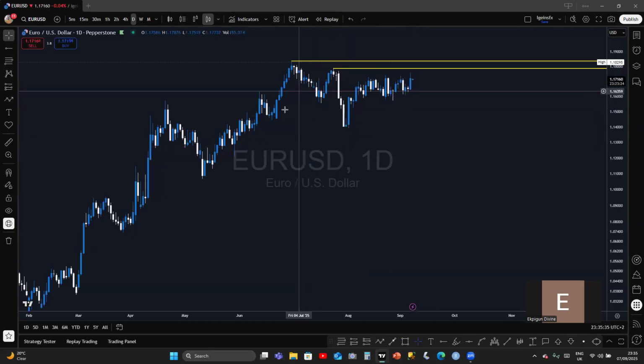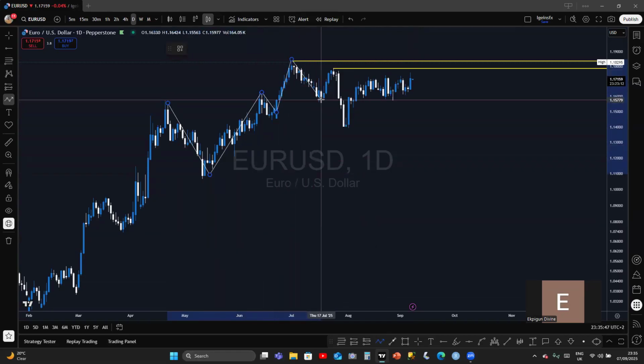So the other flow, price is supposed to come down like this, go up, come down, push to the upside, create a support. It's supposed to give us another new high, but it failed to give us another new high.